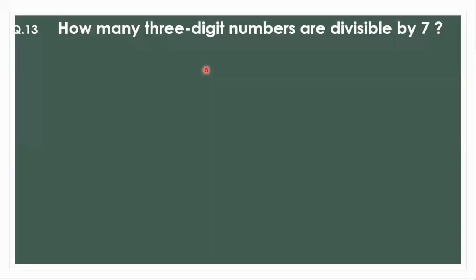By using these 3, find the n value. 994 minus 105 is equal to 889.